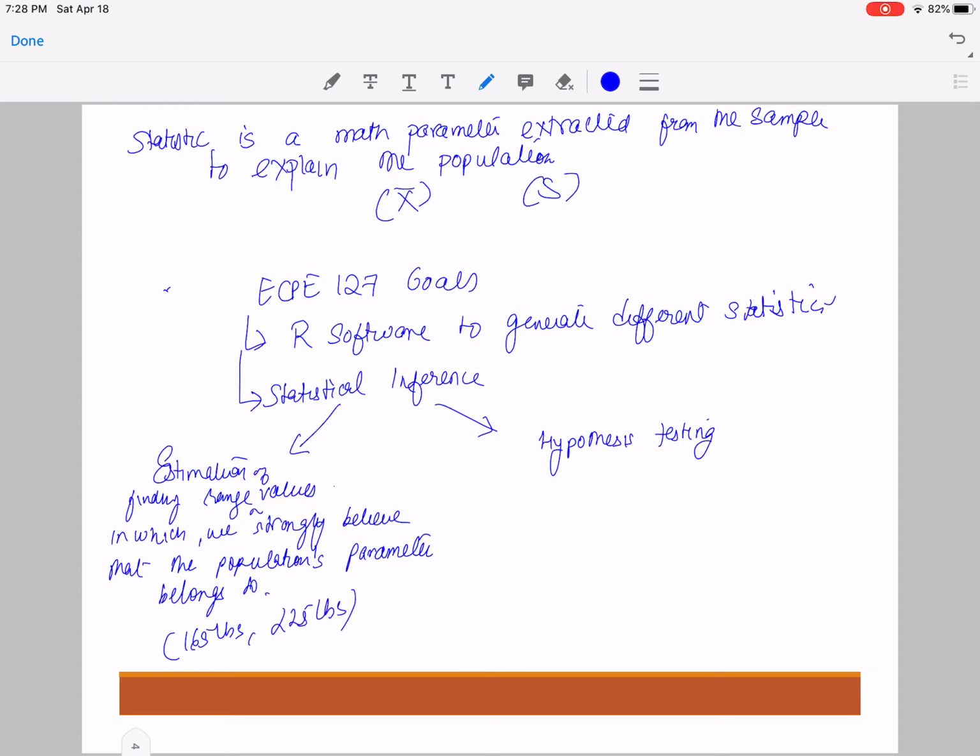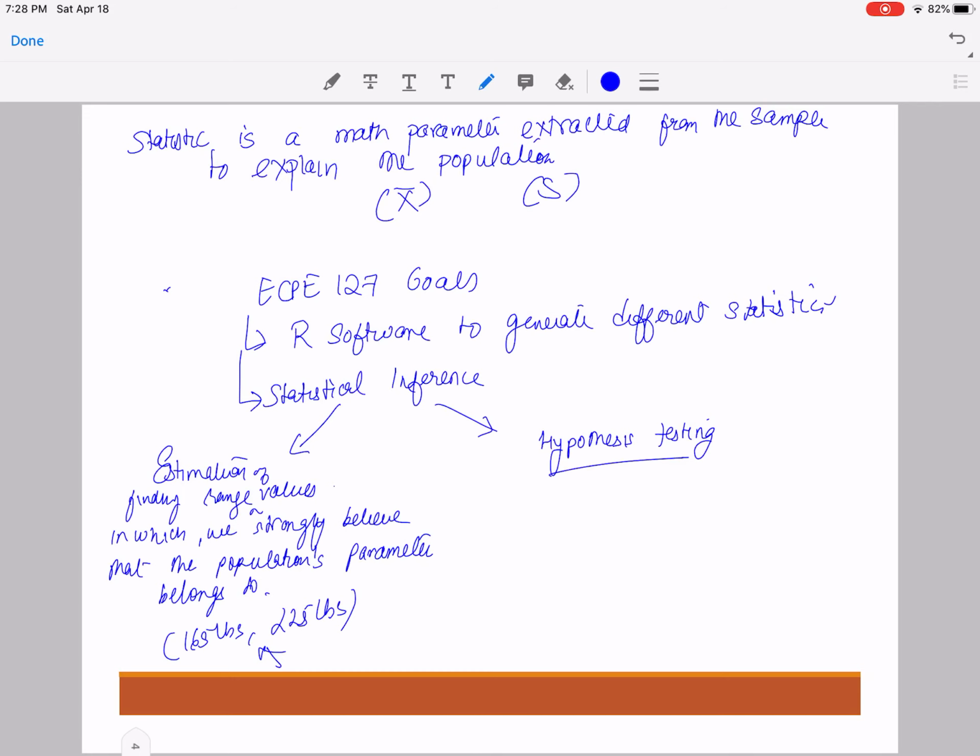So we'll be interested in finding such a range in which we believe that the population parameter, the actual average weight of the entire population of US individuals of age equal to 30, lies somewhere in this range. So that's the goal of estimation. We are interested in finding the range of values where we strongly believe that the population parameter resides.